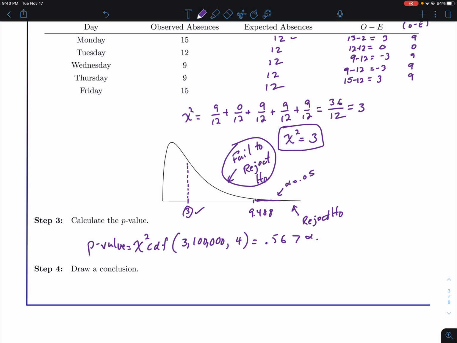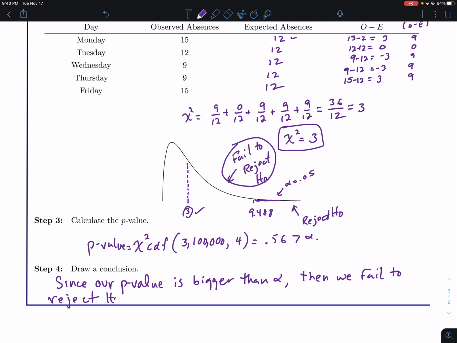So in this case, since our p-value is bigger than alpha, then we fail to reject H naught.